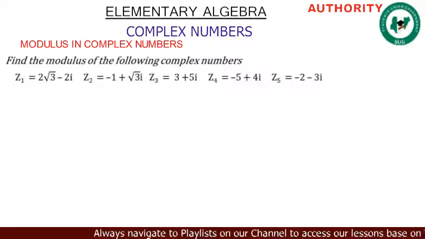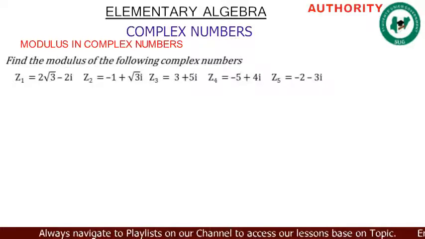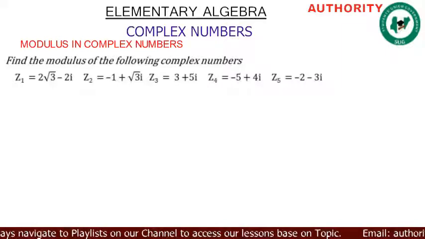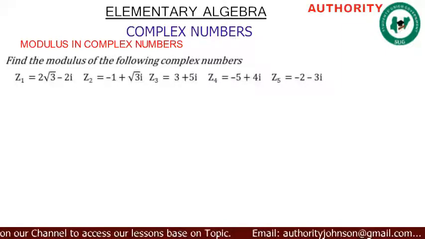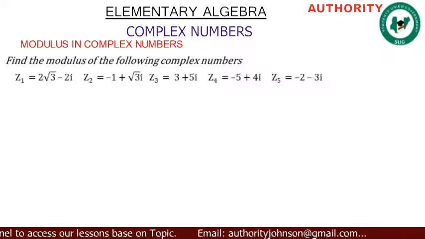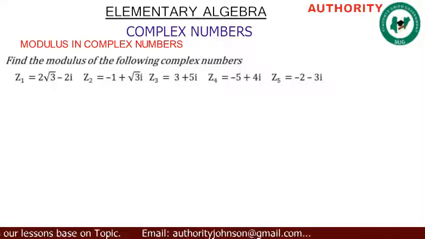z1 equal to 2 square root of 3 minus 2i. z2 equal to minus 1 plus square root of 3i. z3 equal to 3 plus 5i. z4 equal to minus 5 plus 4i. z5 equal to minus 2 minus 3i.